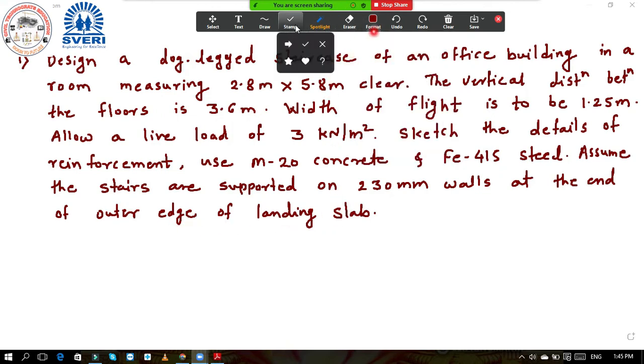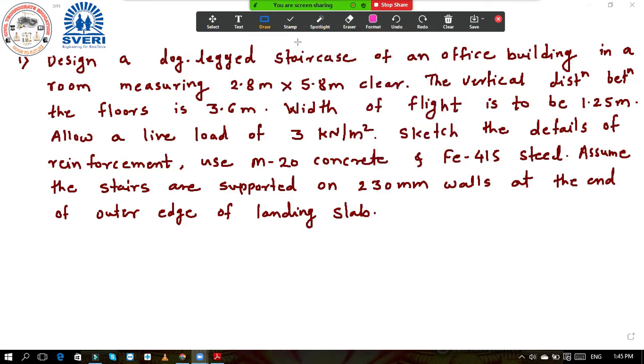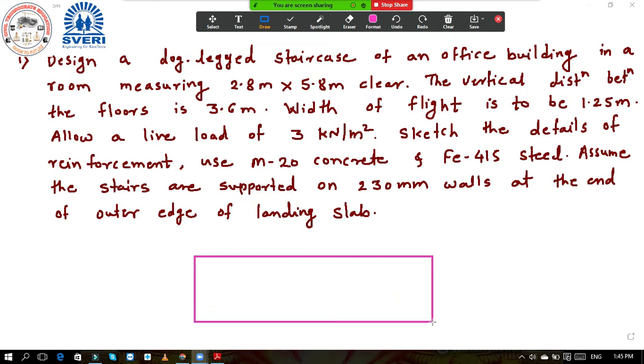Now if we draw the diagram of this, here I will draw it. So this is 2.8 meter by 5.8 meter.